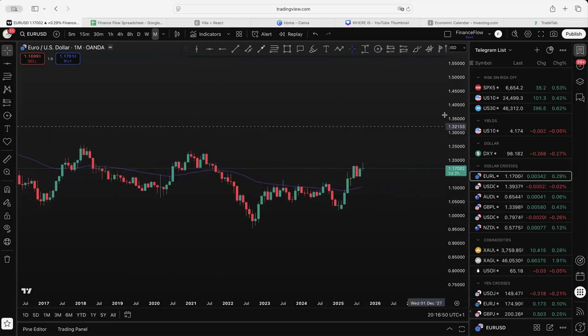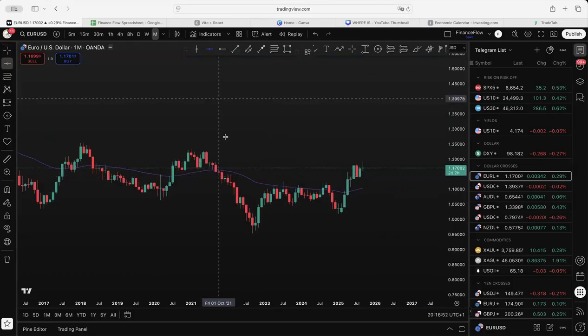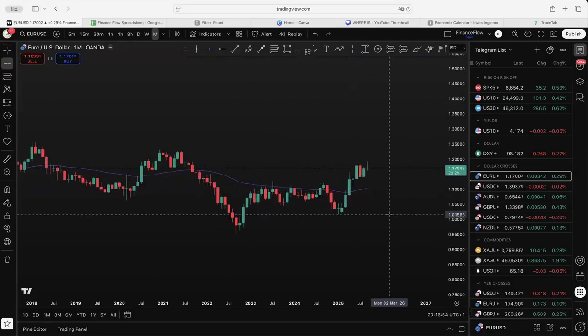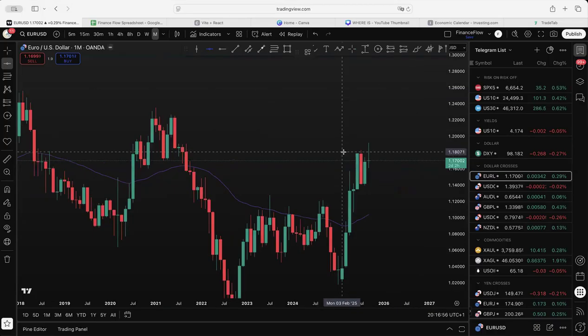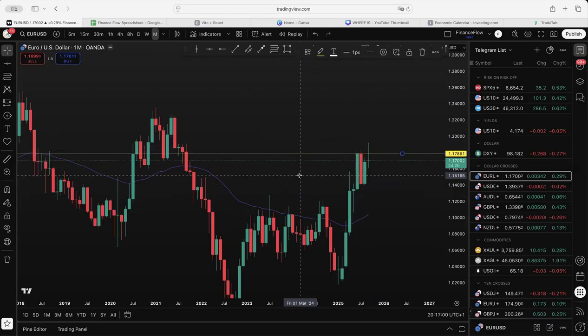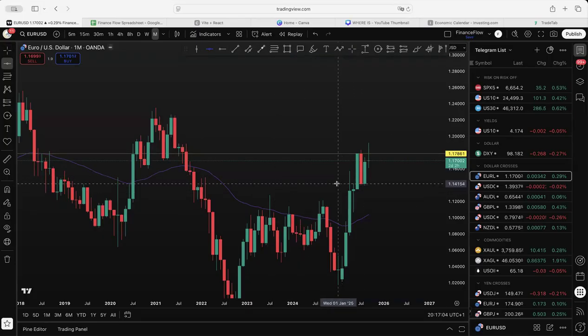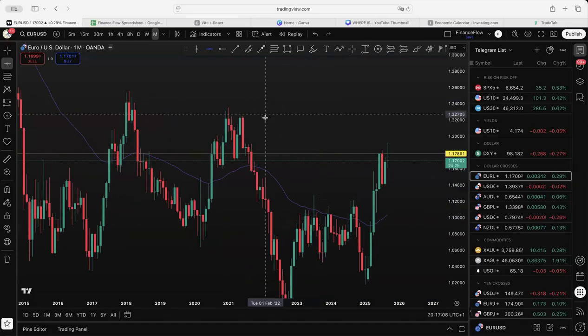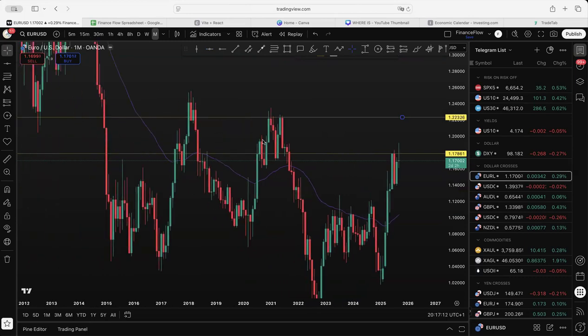So let's have a look and gauge what is happening. Now, we can't obviously write off this. All we're going to do is mark up some key areas where price struggled to break through. So we've also got this one here.